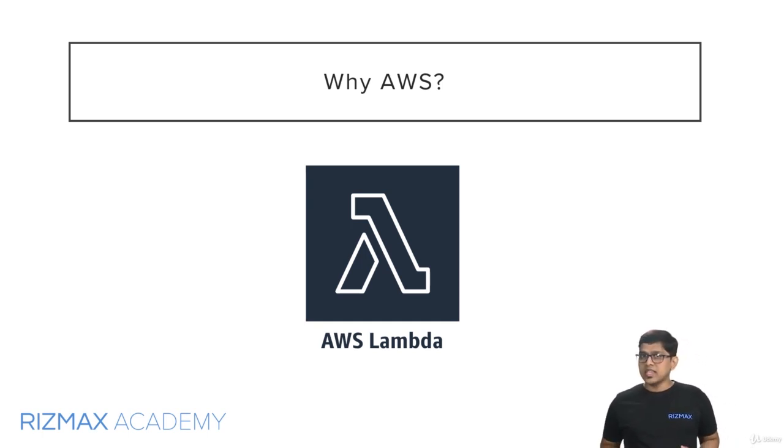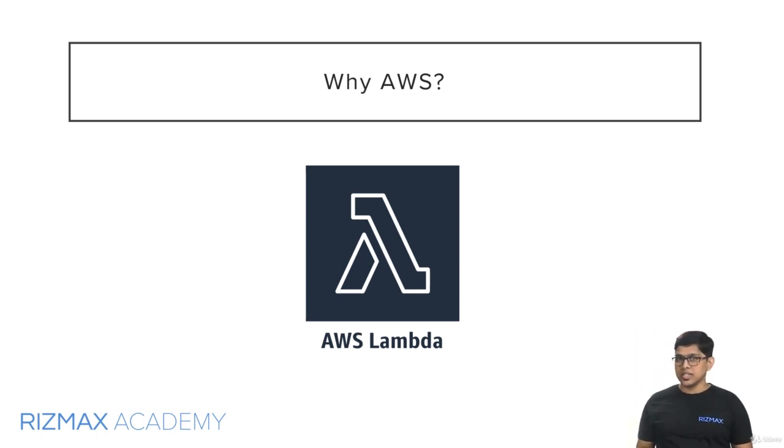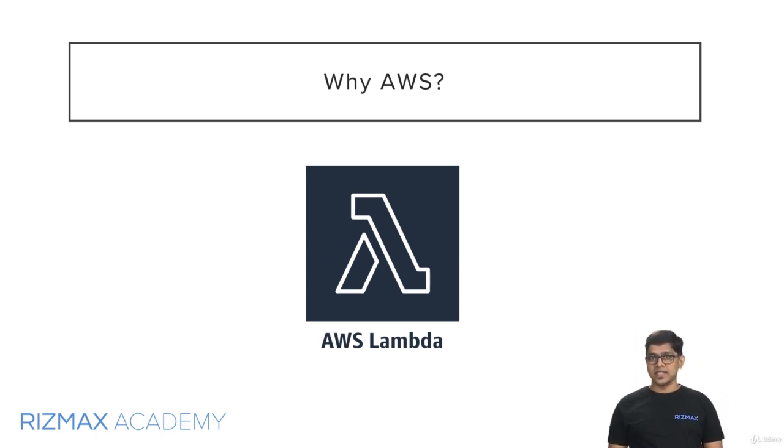So in the next lecture, let's look at the core services in the AWS ecosystem that form the foundation of this serverless platform on AWS. And we'll also talk about some additional AWS services that are popularly used along with the core services in the AWS serverless space.